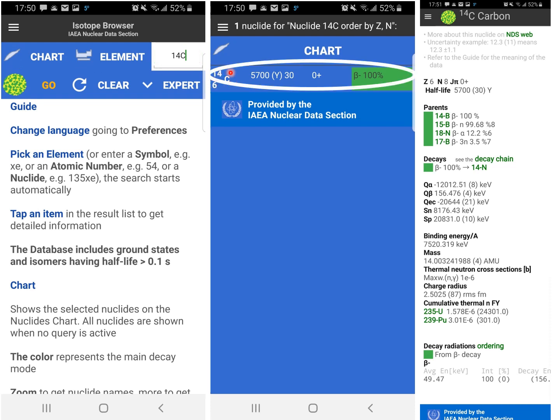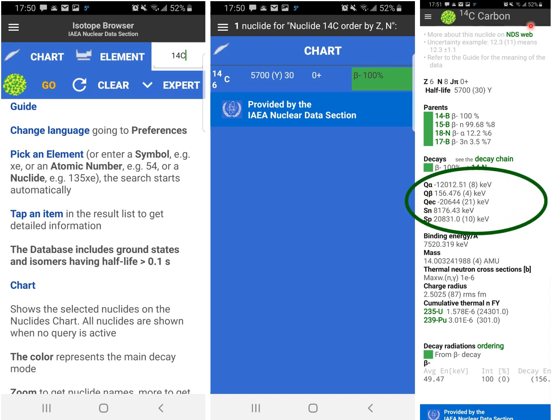Here would be the information: carbon-14, the half-life, the spin and parity, and the decay mode, followed by the percentage or any sort of branching ratios. You would select this, and it would bring you over to the next page where it would have the information on carbon-14, would give you the references, the number of protons, neutrons, spin and parity, the half-life, the parents, the decays, and it gives you these Q values.